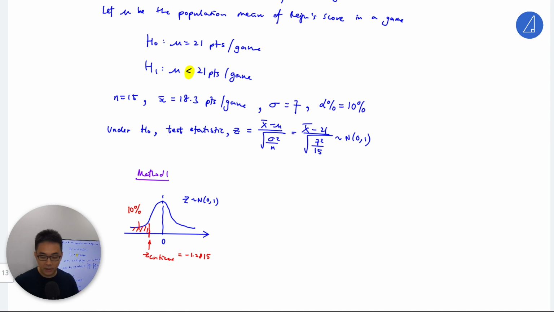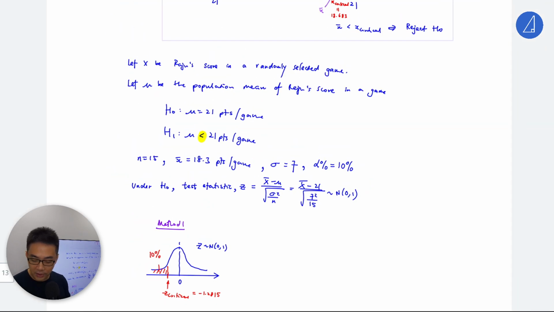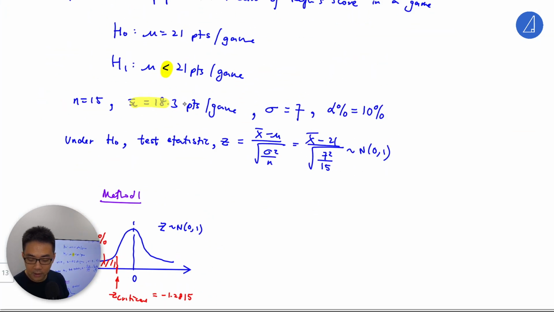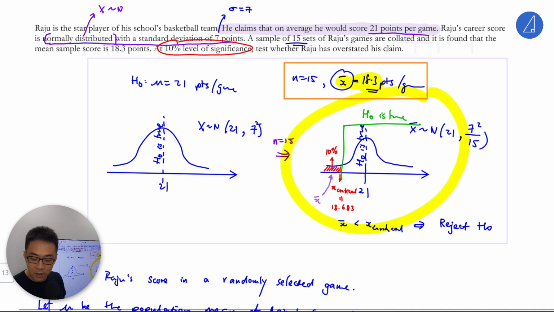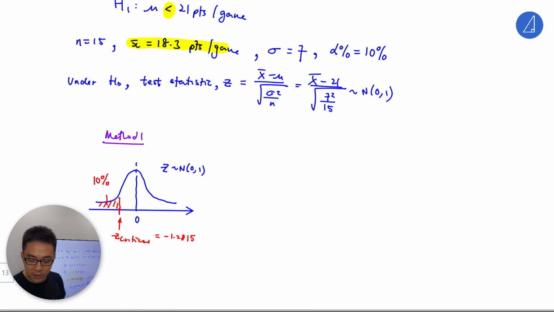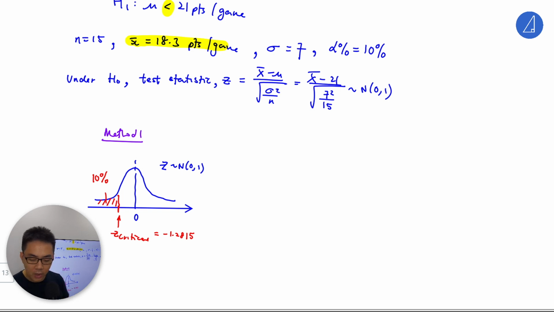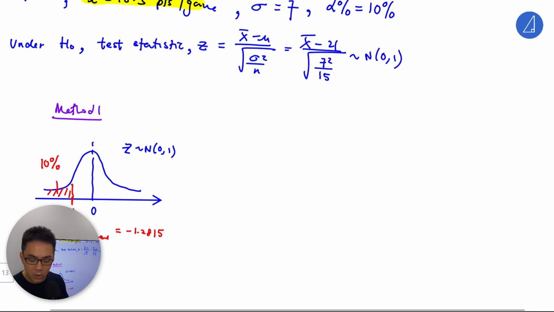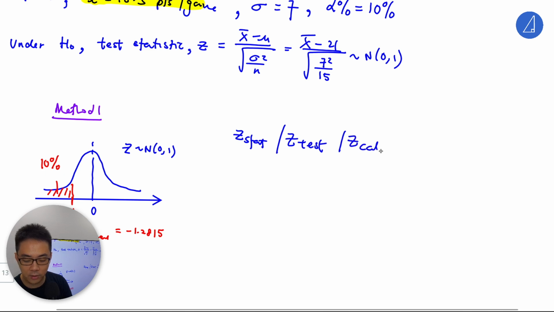This is like a parallel universe, a different dimension. This over here is not on the standardized curve. It is from another dimension, which is from this curve here. So if you want to compare the boundary, you just need to change it by using standardization. We all know standardization. When you change it, it's called Z-stat or Z-test or Z-calculate, depending on your school notes.